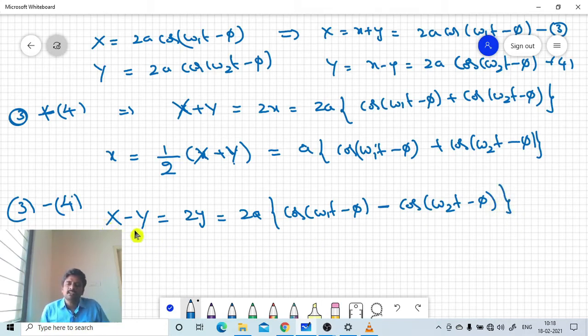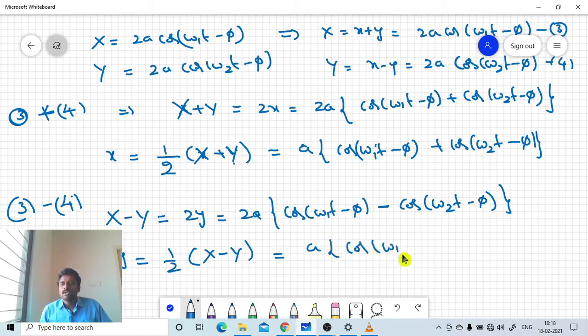Now we need to express the displacement of the body y in terms of the normal coordinate system. What will we get? The y is equal to 1 by 2 into capital X minus capital Y. In similar manner, in terms of cos terms, small y is equal to small a into cos of omega 1 t minus pi minus cos of omega 2 t minus pi.